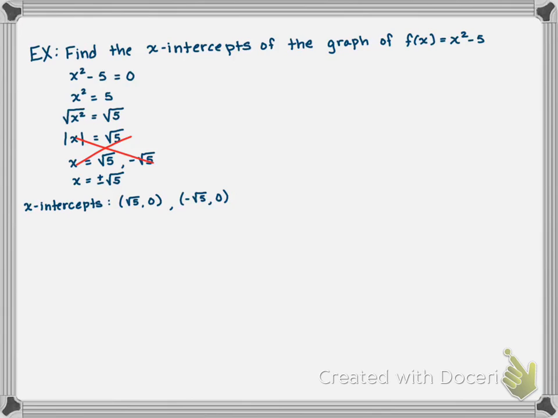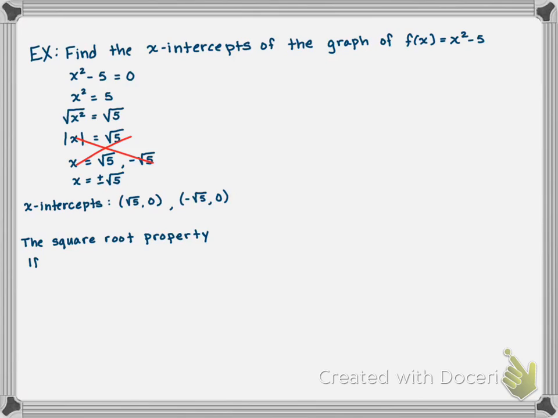So what we just used there is called the square root property. And we can actually extend it so that we can use it for more equations than just equations that have x squared in them.